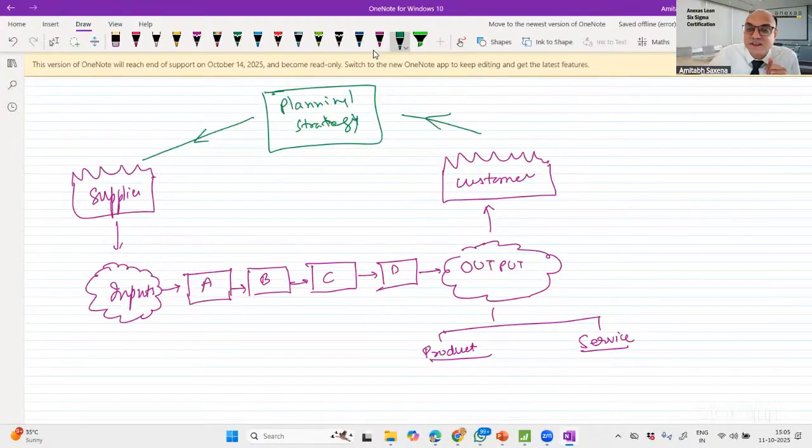The customers provide feedback, and from the customers you also receive the demand. So you're receiving the demand and the feedback from the customers about your outputs, and the planning and strategy team informs the suppliers to provide the inputs.